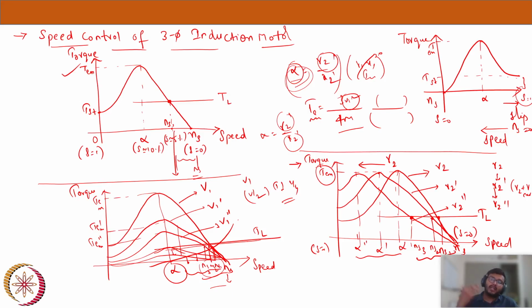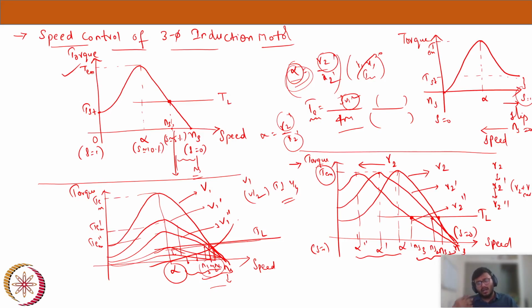There is another method which, if time permits, we can discuss towards the end of the lecture or some other time. It is not used at all nowadays, where we have two machines. The rotor of one induction machine is connected to the stator of another induction machine, such that we get different frequencies induced, and based on frequency we get different speed controls.